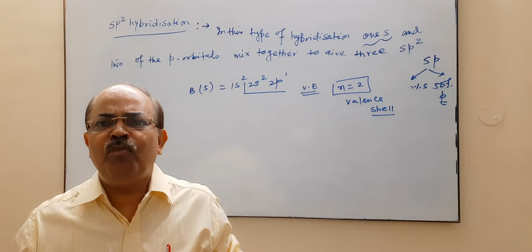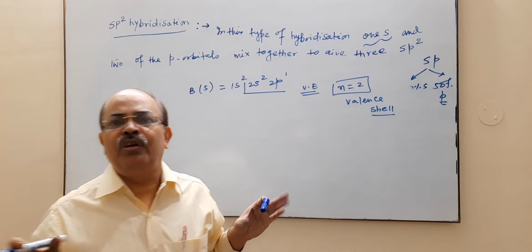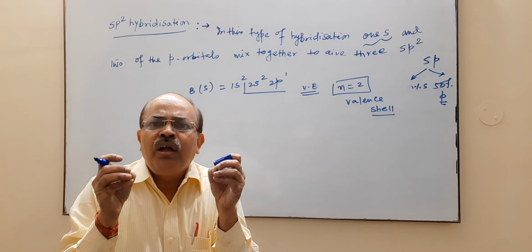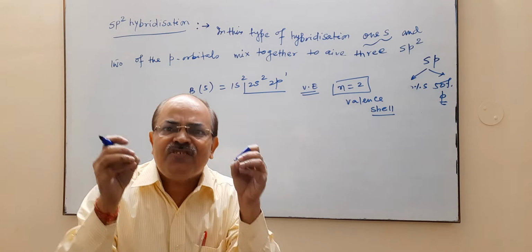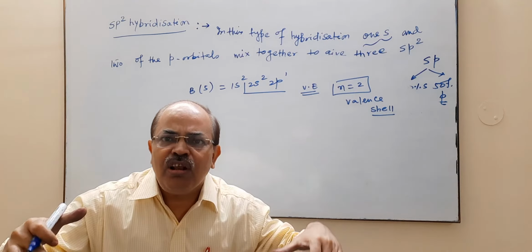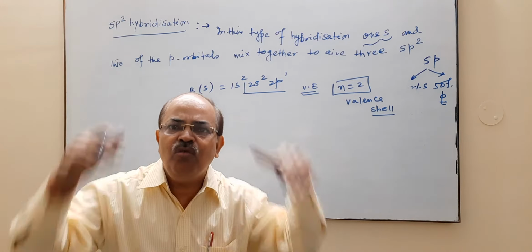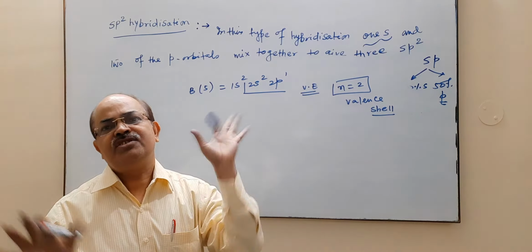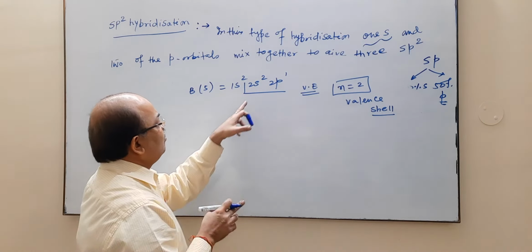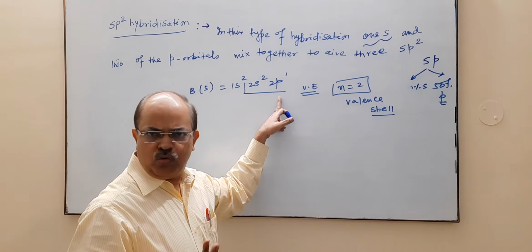Now in chemical bonding during hybridization, only the electrons of valence cell, only the orbitals of valence cell, outermost cell will take part. तो outermost cell दोनों हो गया, 2s है और 2p भी है.